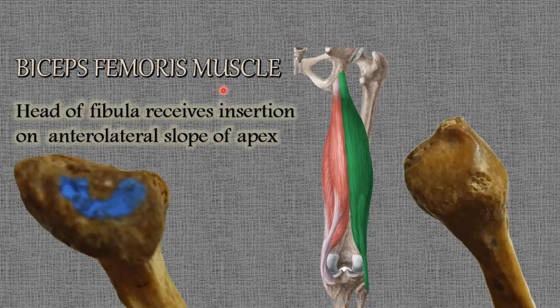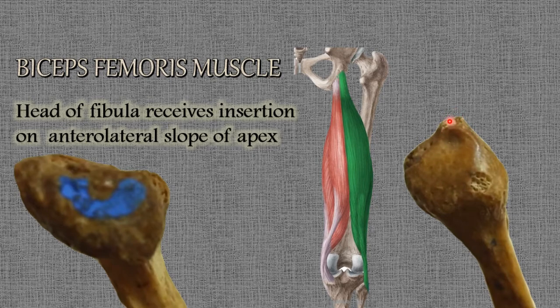Biceps femoris muscle. The biceps femoris muscle inserts on the head of the fibula. You can say the head of the fibula receives the insertion on the anterolateral slope of the apex. Now before I give you a quiz on which surface is this, which structure is this and which is this: this is the circular articular surface on the superior part.